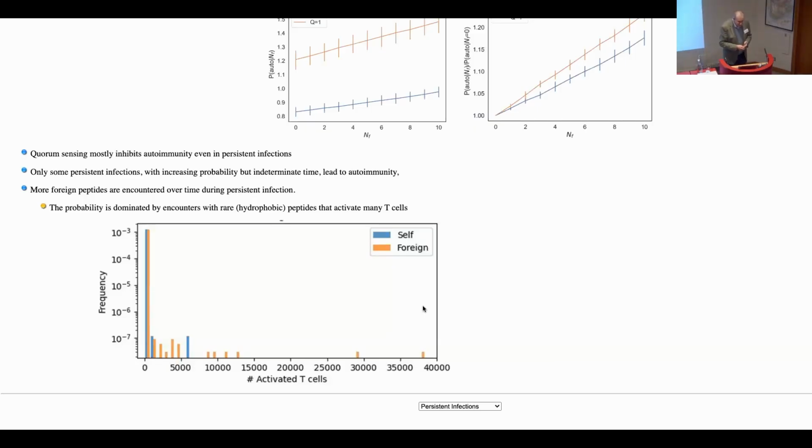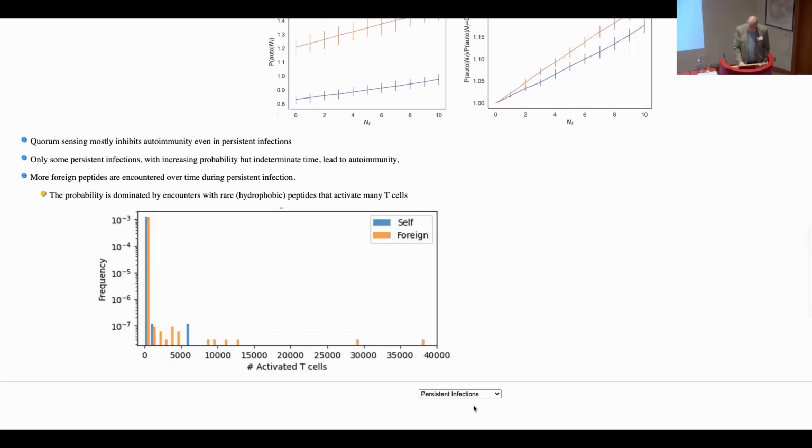And so this mechanism of quorum would never work for these, because there were some of these that could simultaneously activate of the order of thousands of T cells. And so we have a potential proposal for how that is going on. And these regulatory T cells that I mentioned to you are an important element of that proposal, but I will leave that for the future.